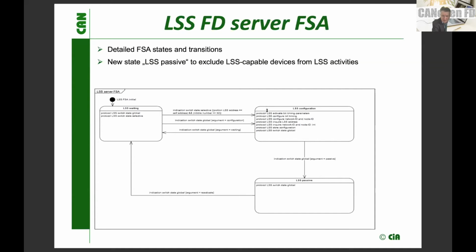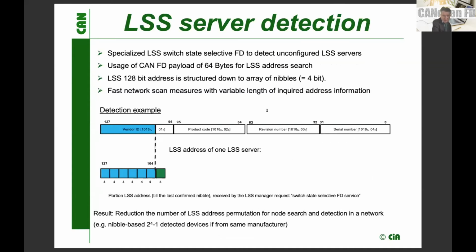This state, LSS passive, is especially for setting the devices into this state. The state machine allows such things, but we need to know how to configure it. The specification for LSS FD provides this information.